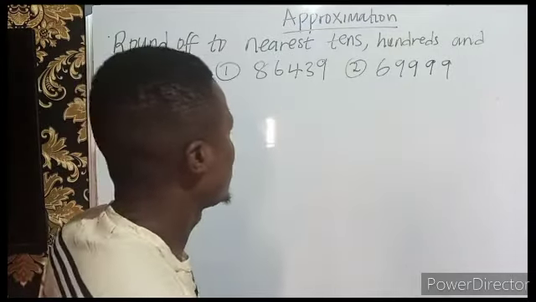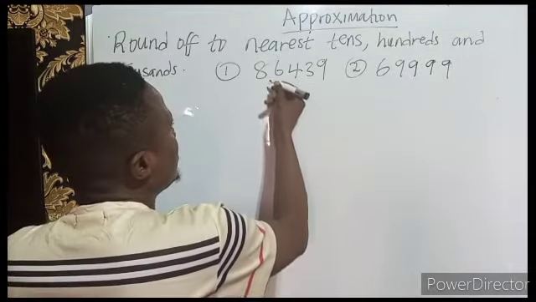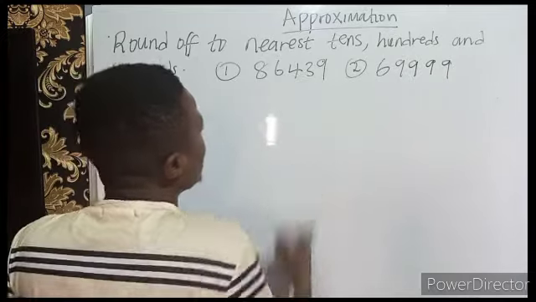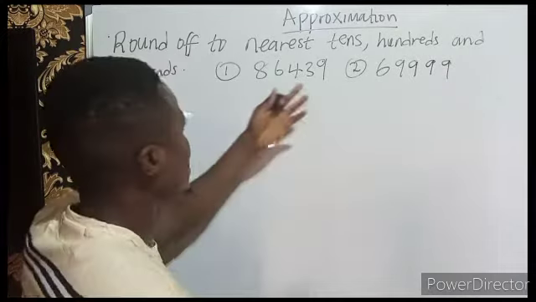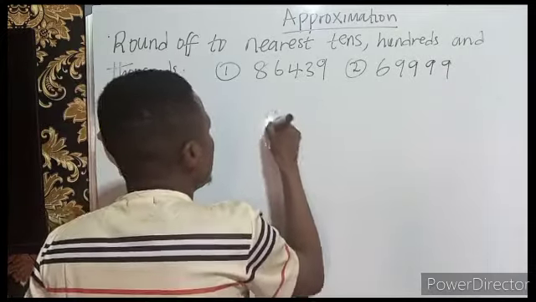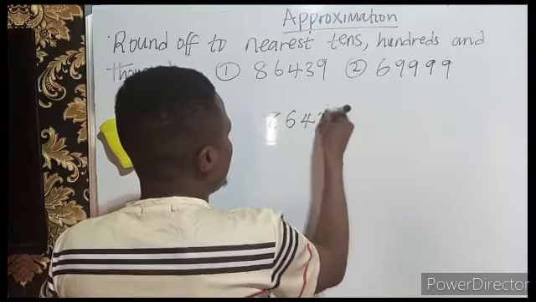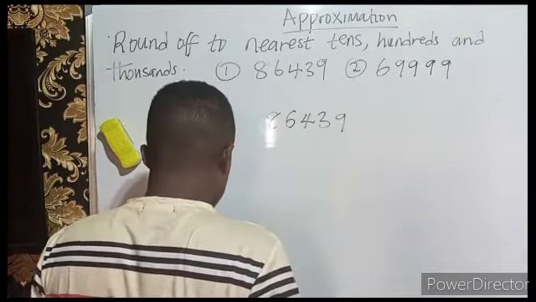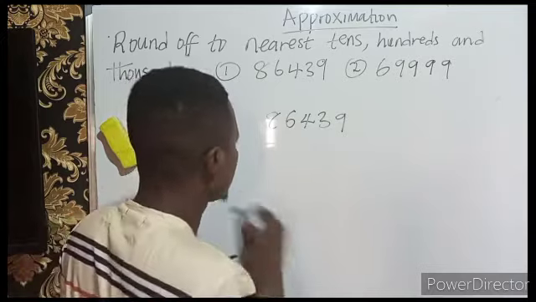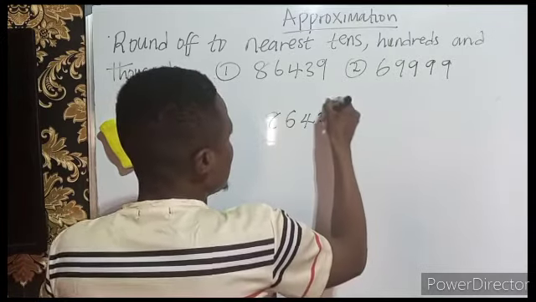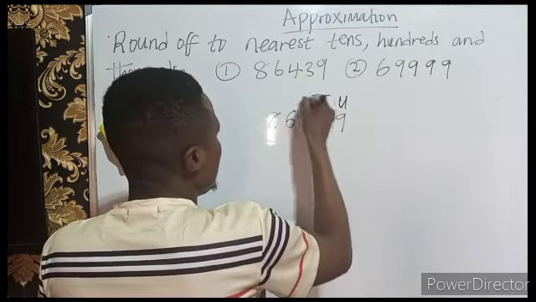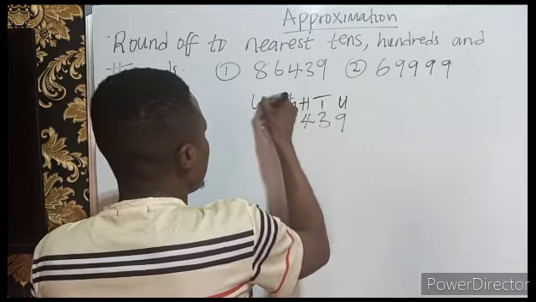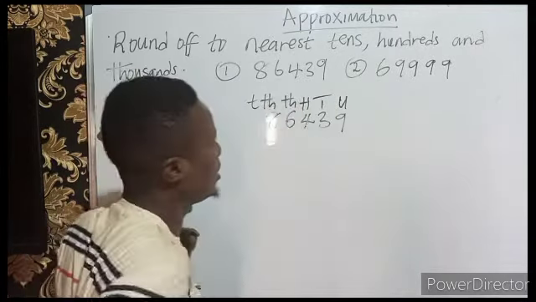Okay, in the number 1 question, we have 86439. We want to round it off to the nearest tens, hundred, and thousand. 8, 6, 4, 3, and 9. The idea is to insert unit, tens, hundred, thousand, and the tens of thousand here.